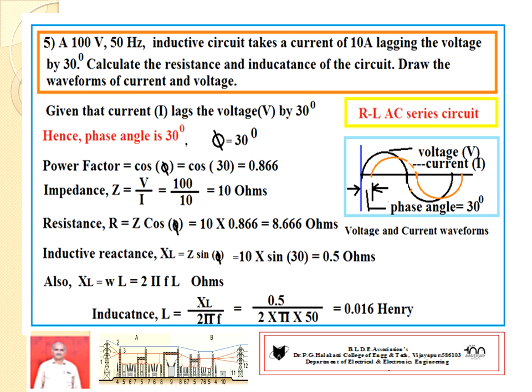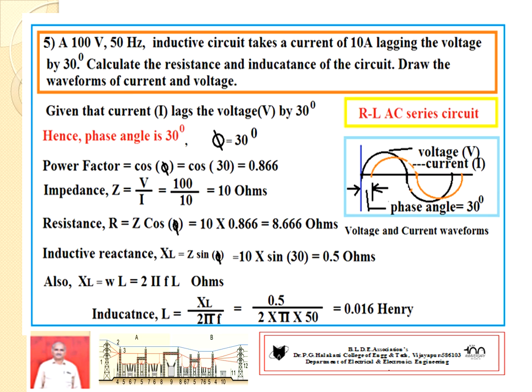A 100 volts 50 Hz inductive circuit takes a current of 10 ampere lagging the voltage by 30 degree. Calculate the resistance and inductance of the circuit and also draw the voltage and current waveforms. From the given description of the problem, it is observed that the current 10 ampere lags the applied voltage by 30 degree.